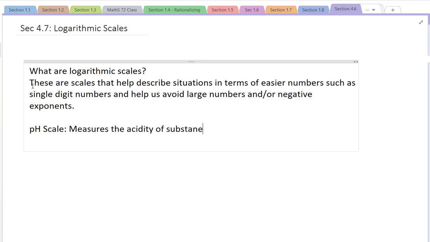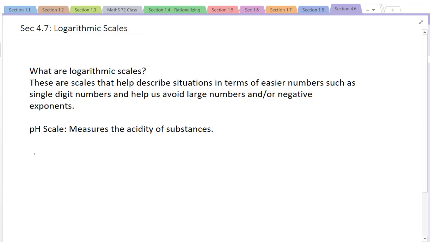So some examples that I have are, for example, the pH of milk is 6.5, while, for example, the pH of limes is 1.5 in the pH scale.